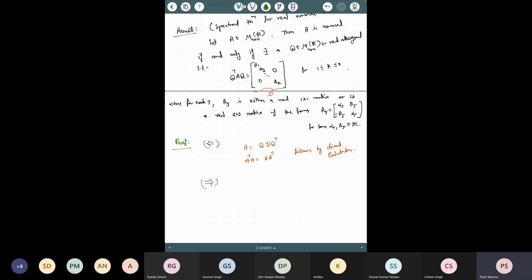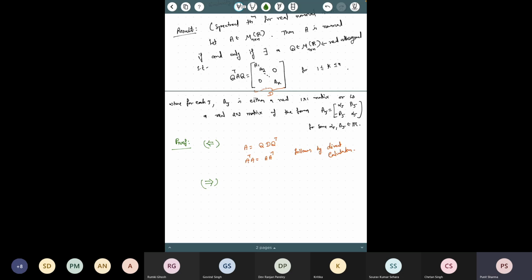So you already know that if we have a real n cross n matrix, then because of real Schur's lemma, there exists a Q real orthogonal such that Q transpose AQ is block upper triangular, right? So we will write that like we did in the case of the spectral theorem for complex normal matrices.